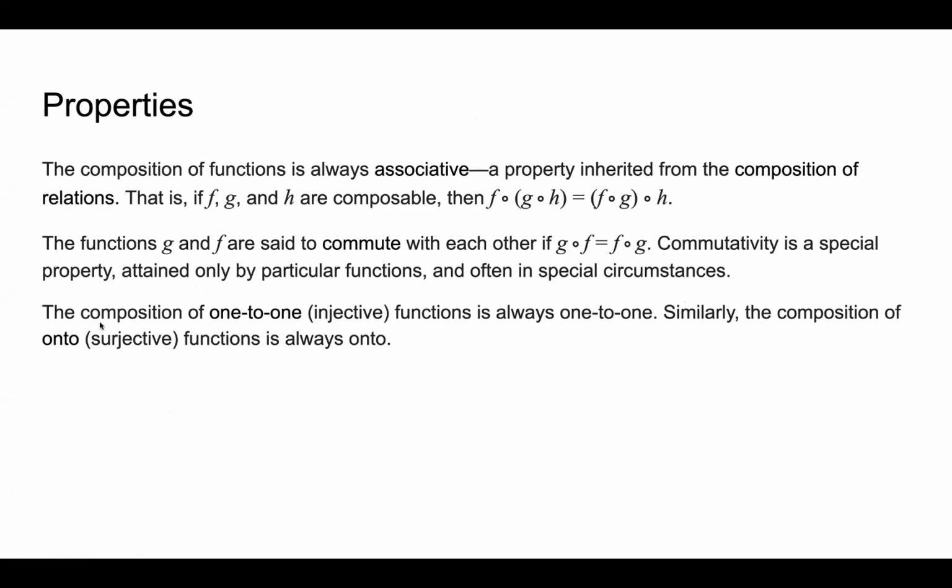Then the third property is that the composition of 1-to-1, that is injective, functions is always 1-to-1. Similarly, the composition of onto, that is surjective, functions is always onto. This is again very important. The composition of 1-to-1 functions is 1-to-1, and the composition of onto functions is always onto.